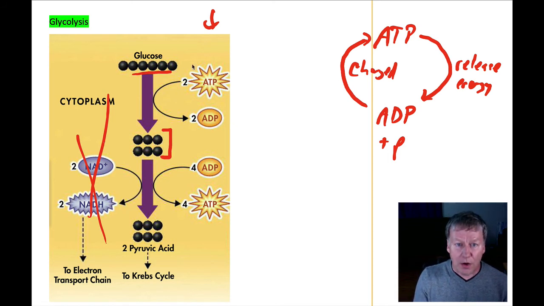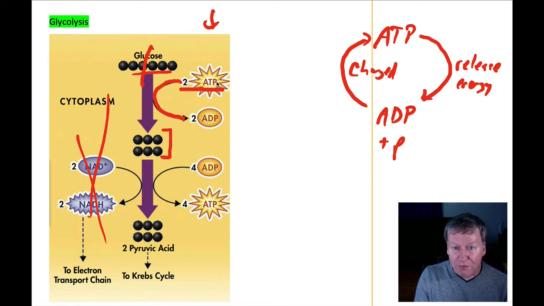So what is going on is breaking of glucose requires an input of energy. It is going to require 2 ATP molecules to provide the energy needed to break our glucose. When that happens, the ATP molecules are going to be broken down into ADP.